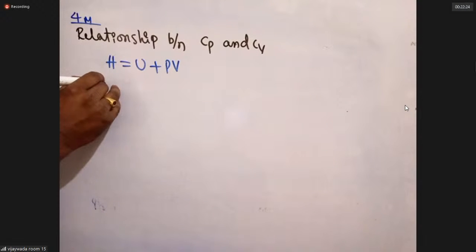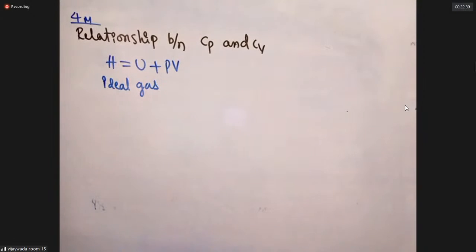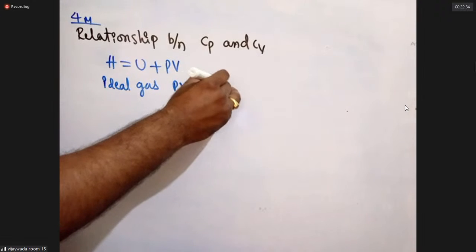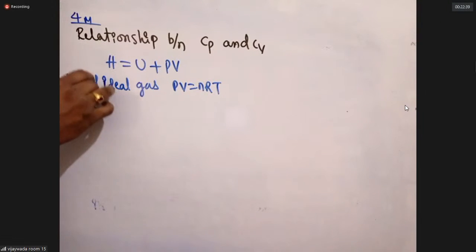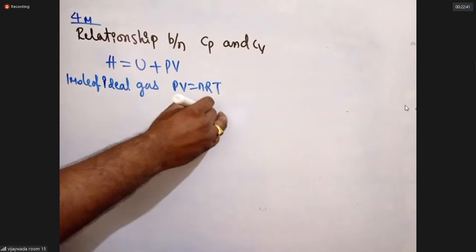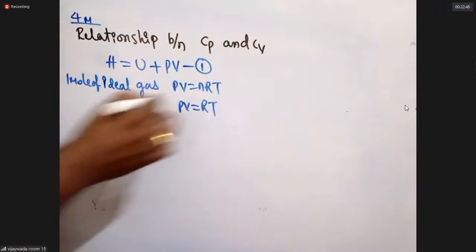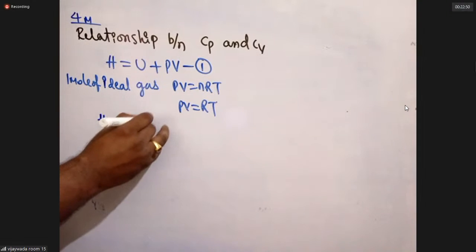Students, let us consider an ideal gas. For an ideal gas, PV equal to nRT. For 1 mole of ideal gas, PV equal to RT. Substituting RT, the equation becomes H equal to U plus RT.